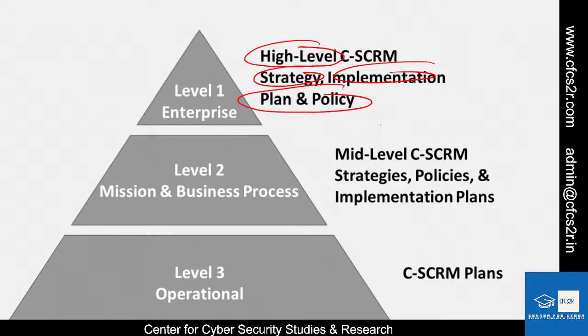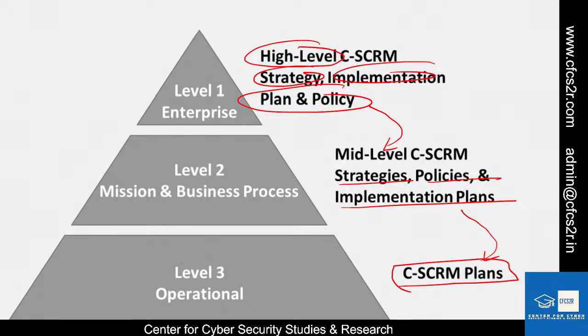Then we have a mid-level SCRM where strategies, policies, and implementation plans are there. And at level three, we have C-SCRM plans, which are derived from level two as per the policies designed in level one. So in this way, the entire hierarchical structure is working.